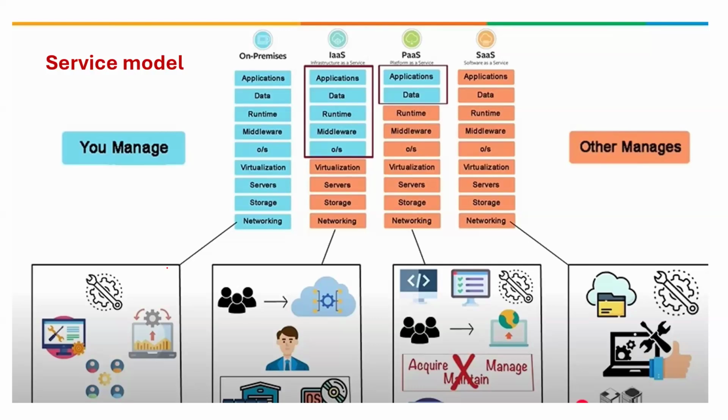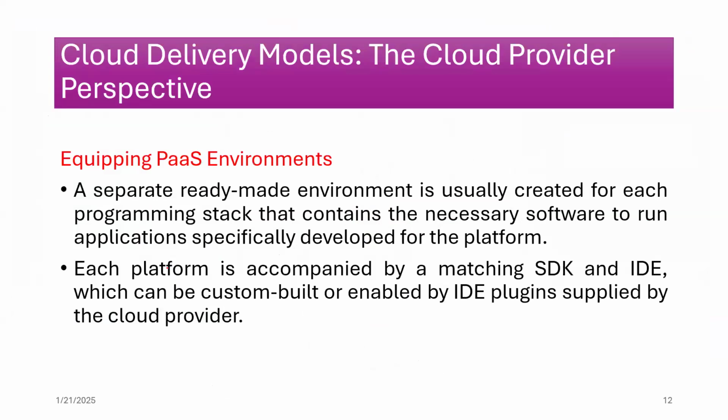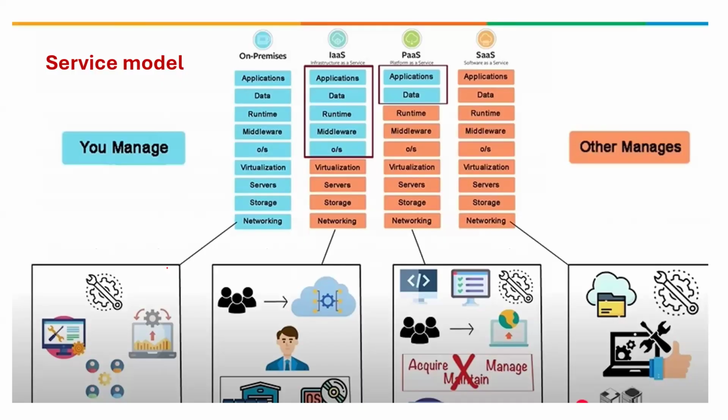PaaS means what? Platform as a service. Platform means the actual environment. You have your applications there. For example, see here, you want to run your applications on the data, so I want the actual platform required.